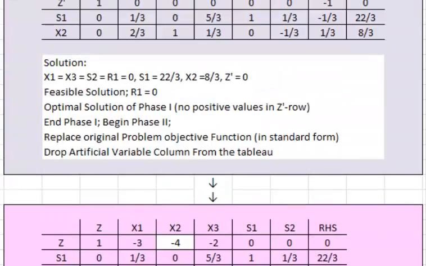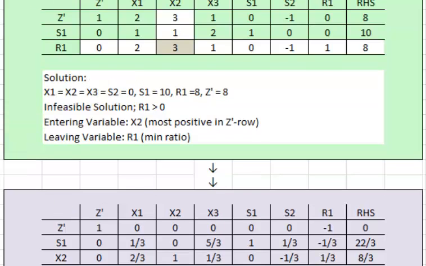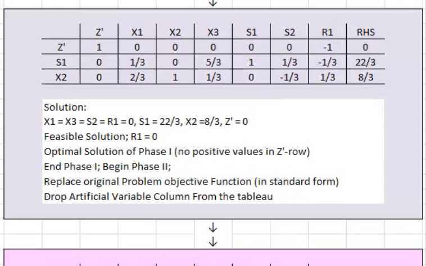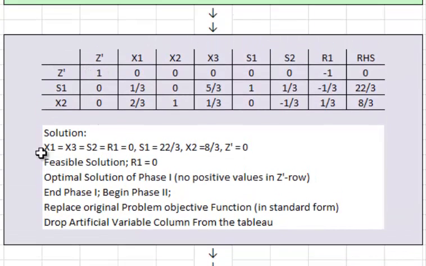Remember that there are two things that might happen. First of all, in this case we ended up with an optimal solution for phase 1.